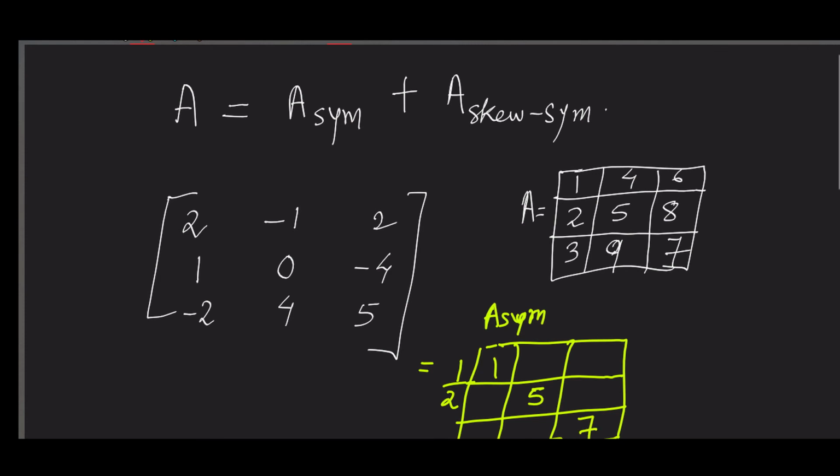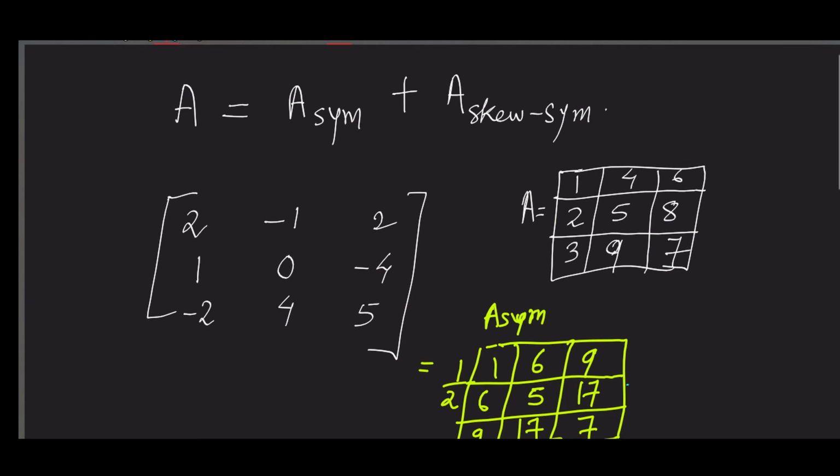Now for off diagonal elements, for construction of the symmetric matrix, we will add them and divide by 2. As add is always commutative, 4 plus 2 will give you 6. Here 6, 6. Then here 6 plus 3, 9, 9. Here 9 plus 8, 17, 17.